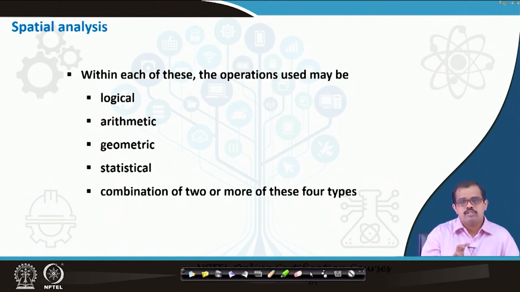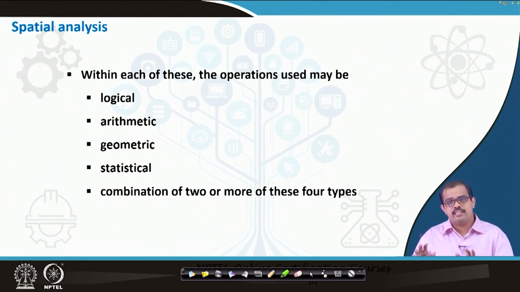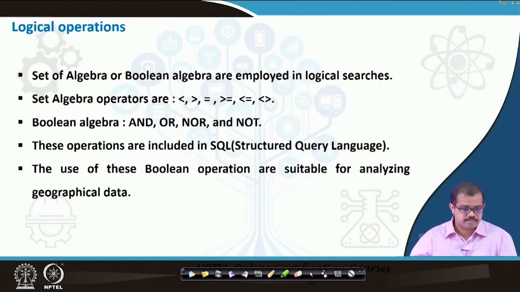The same thing can be done using a database. In Excel, you have to look at where the data is and how the data is. You cannot query basically, but with a database you can easily query, and use that query to understand and do the spatial analytics. So let us look at each of these operations.